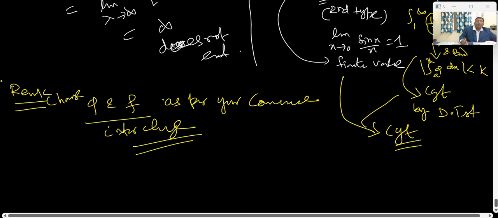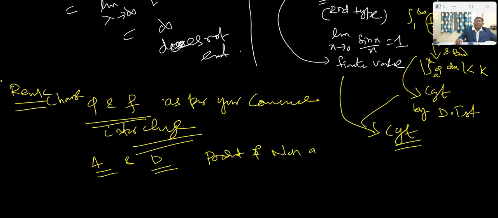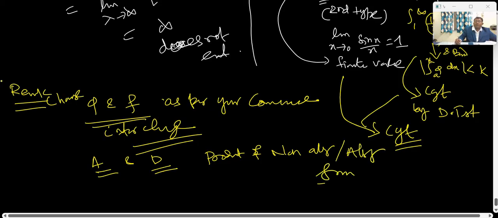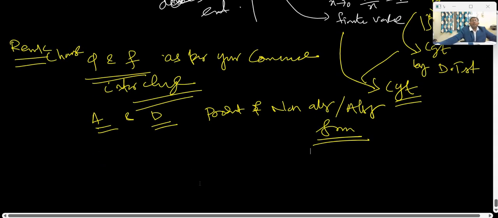So this Abel test and Dirichlet test are wonderful tests to deal with the product of non-algebraic and algebraic functions. In this way, we will be able to evaluate integrals of the first kind.